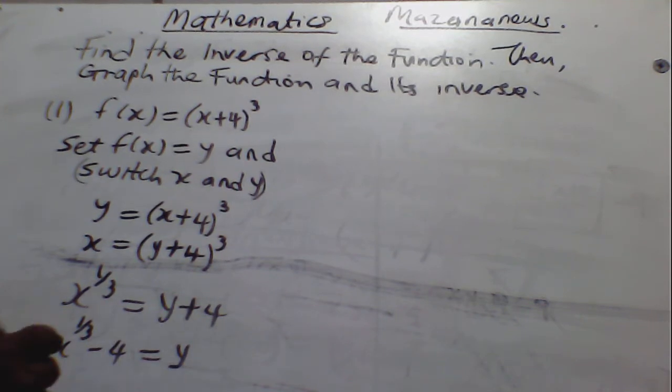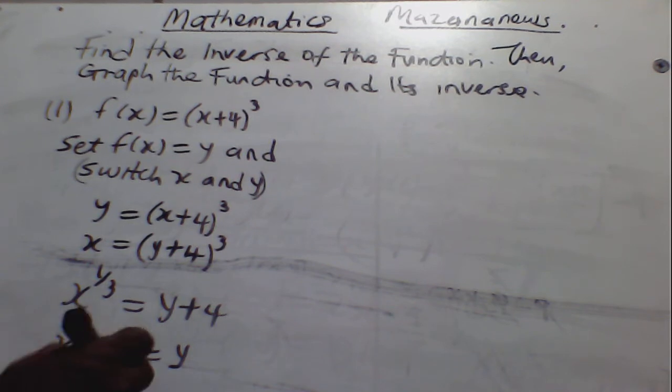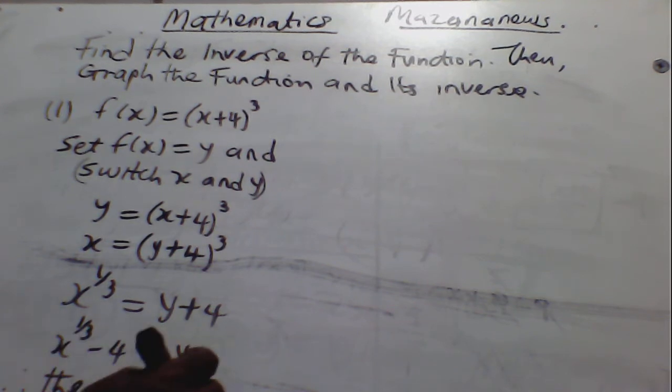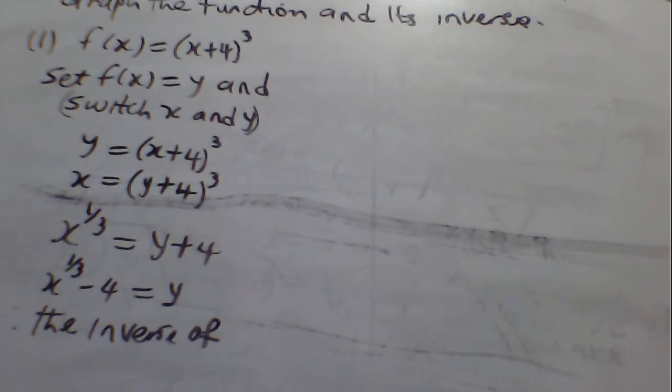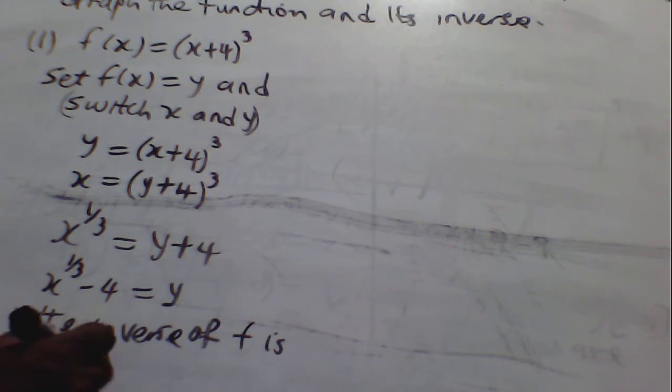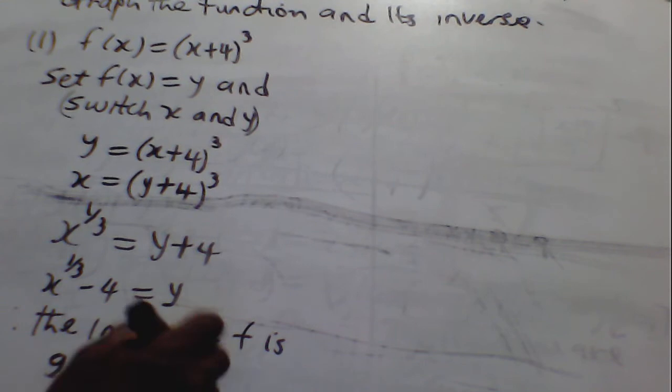So therefore the inverse of f is g of x. g of x is equals to x raised to power 1 over 3 minus 4.